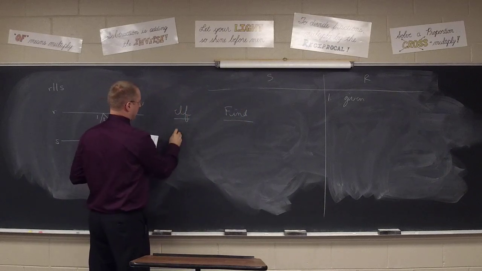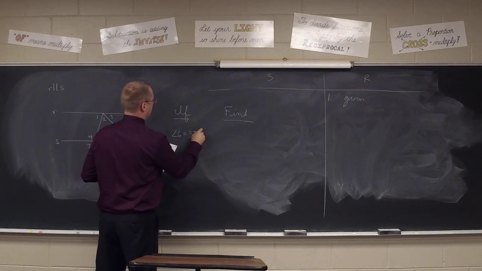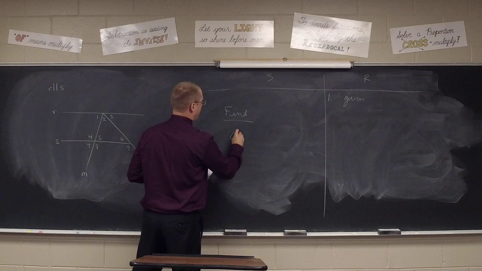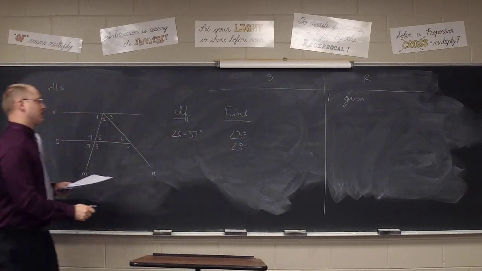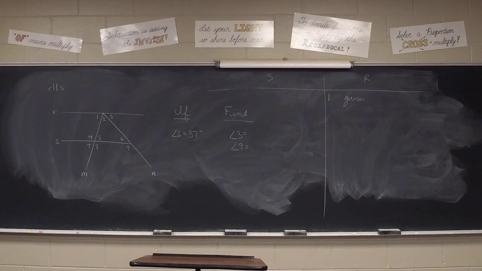But if angle 6 is 37 degrees, I want you to find two angles. Maybe very lightly pencil in some things because we're going to use the same picture again, so don't write too dark. If angle 6 is 37 degrees, I want you to find angle 3 and angle 9.